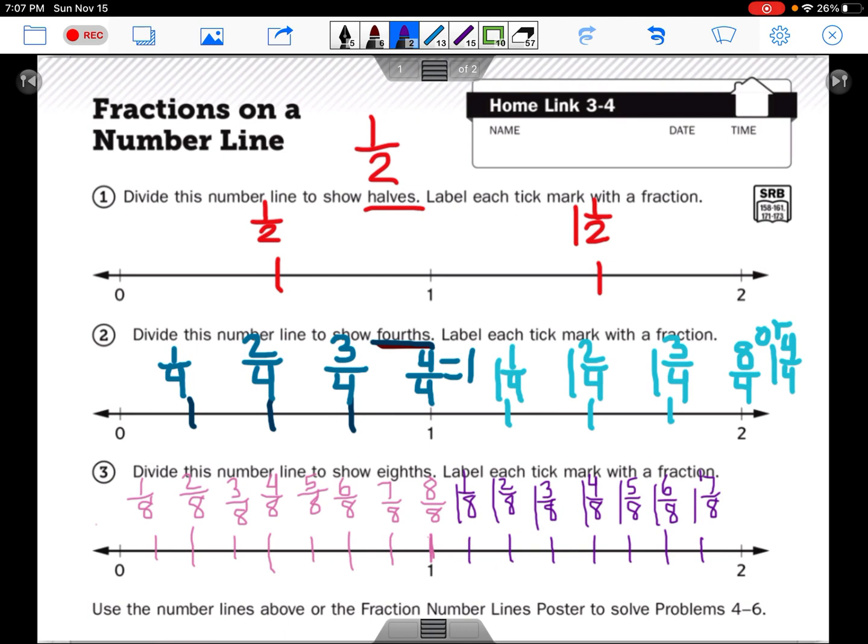What's another way you could name 2 wholes? Yeah, you could say 1 8/8, or you could say 16/8, or you could just say 2, right? All those are equal to 2.